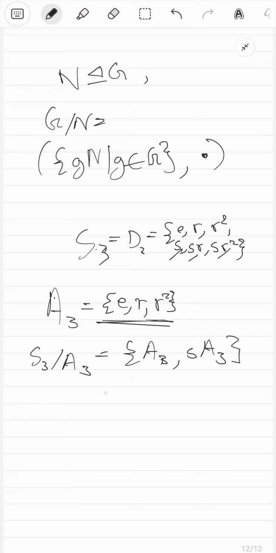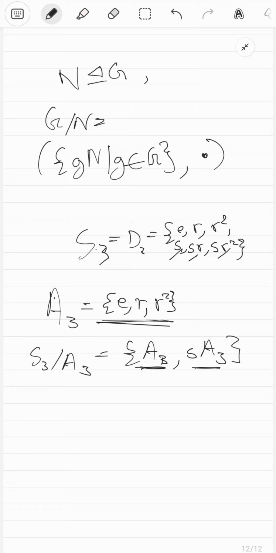So you can already notice that this is a group, because you just have to verify it for yourself, like this multiplication makes sense, there's inverse and all that stuff. So S A3 is its own inverse, A3 is its own inverse, this is the identity element and all that stuff.